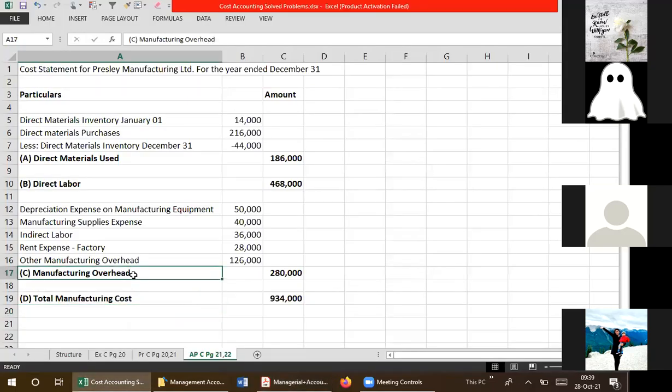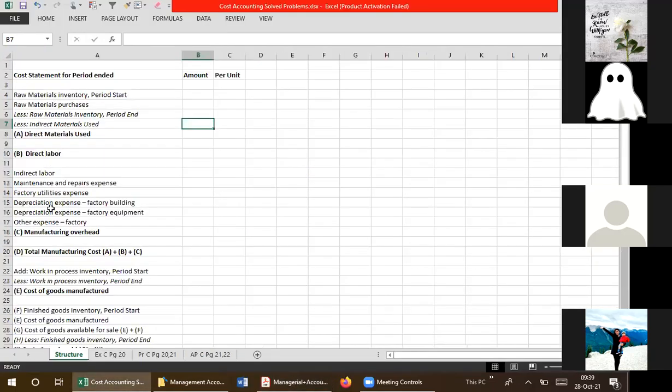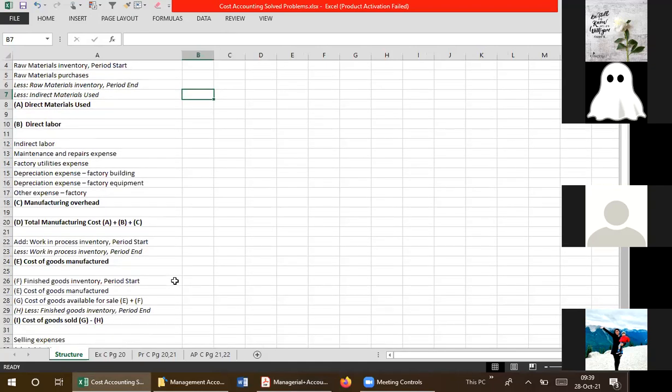Next, we'll have our work in progress, opening and closing, which will give us the cost of goods manufactured.